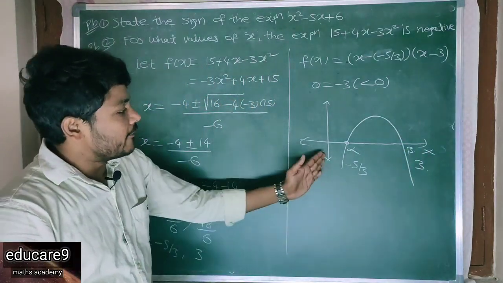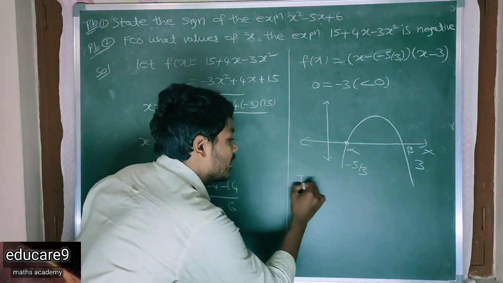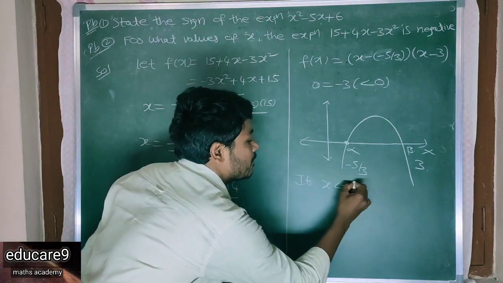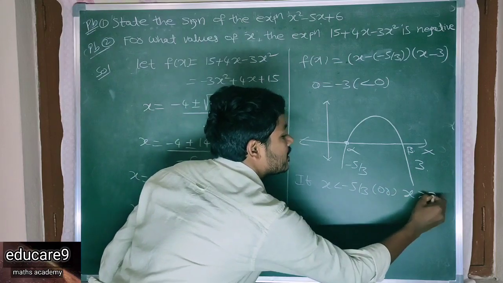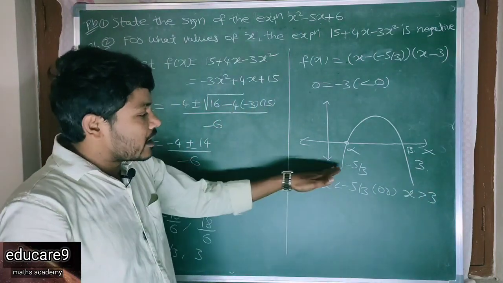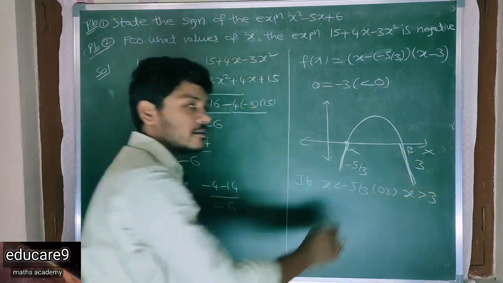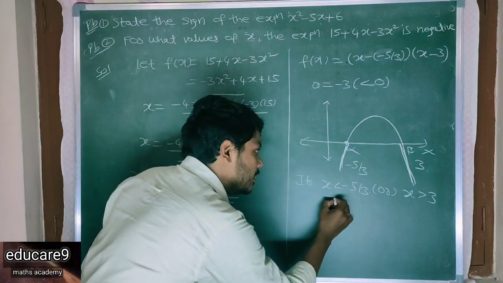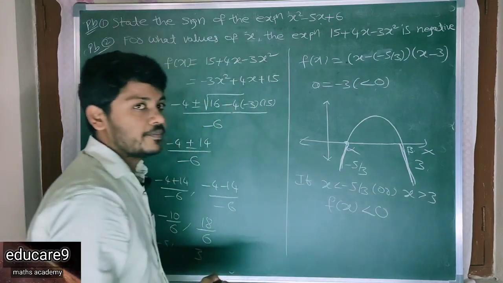See here, if x is less than alpha or x is greater than beta, that is, if x is less than minus 5 by 3 or x is greater than 3, then the graph lies below the x-axis. Means f of x is negative.